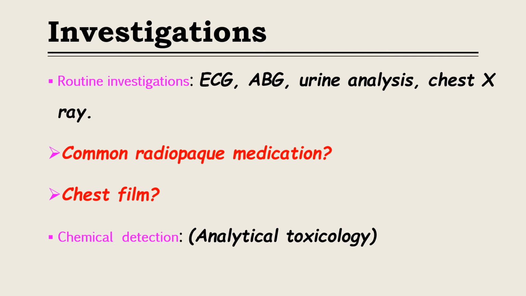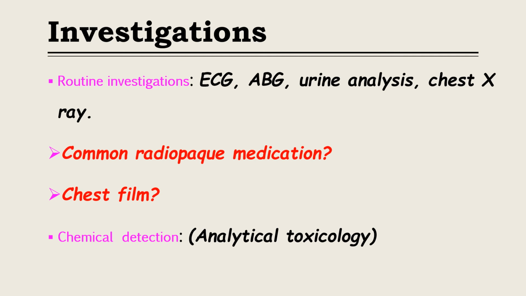No, you have to select the proper investigation, or the specific investigation related to the patient or the condition. What are the types of routine investigation? We have laboratory investigation and radiological investigation.